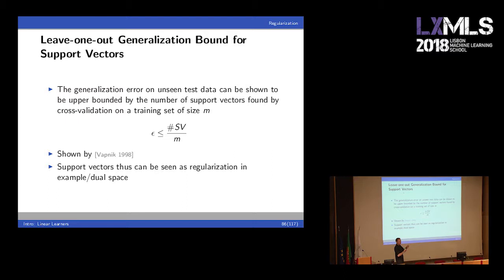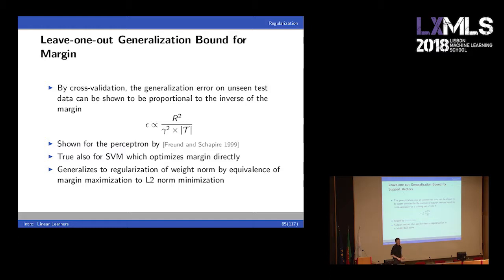So basically, if you can find a separating hyperplane that, out of 1 million examples, uses only 500 to support the hyperplane, and you don't basically use the other examples, then this will give you power for unseen test data, because you didn't adjust all the weights already, so you have something that is more flexible.